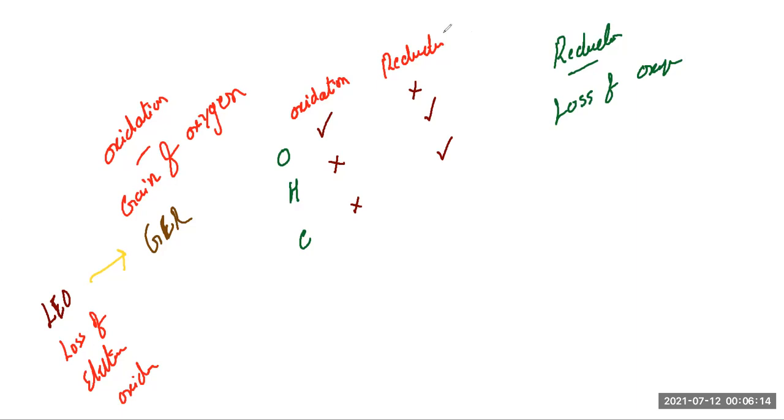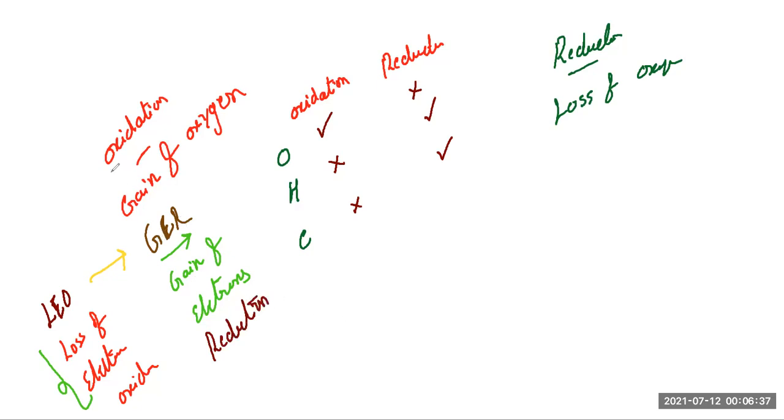Always when there is a loss of electron, we call it an oxidation. And GER, the roaring of the lion, stands for reduction. G stands for gain of, E stands for electrons. So gain of electrons is also called reduction.